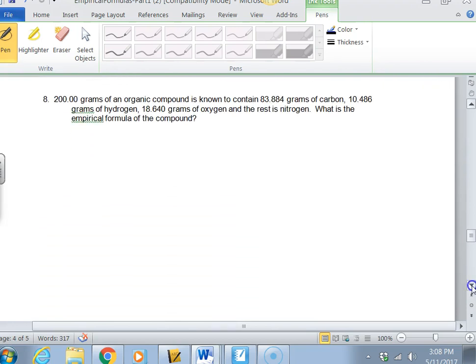Problem number 8. We have 200 grams of organic compound found to contain 83.884 grams of carbon, 10.486 grams of hydrogen, and 18.640 grams of oxygen.